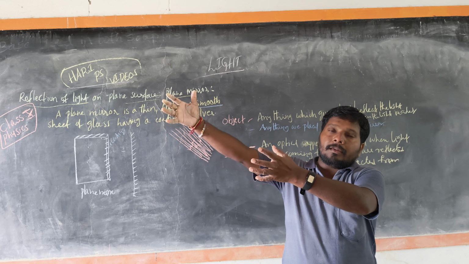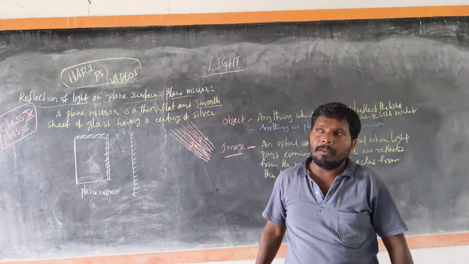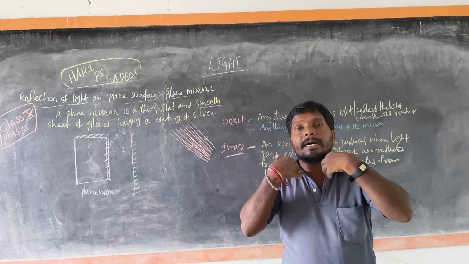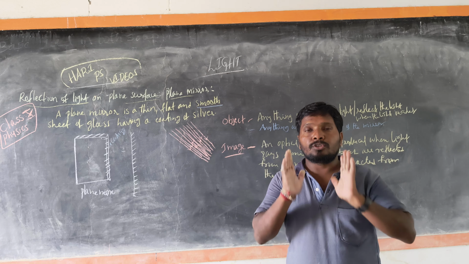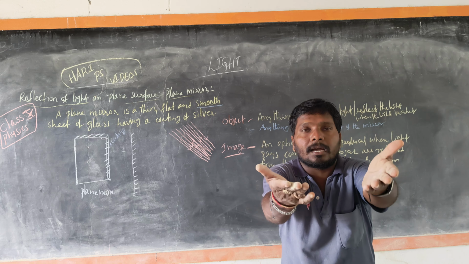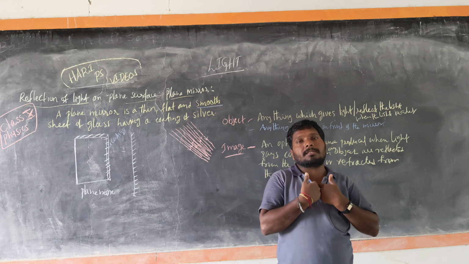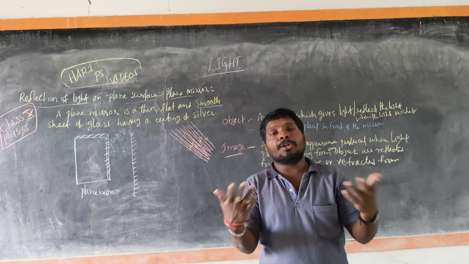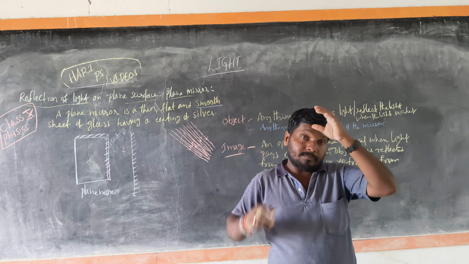When light rays from a source of light, either the sunlight or an electric bulb, are incident on us and reflect towards the mirror, the light rays are incident on the mirror from us. That means we act as an object. From the object, light rays are incident. We know when light rays are incident, they reflect.